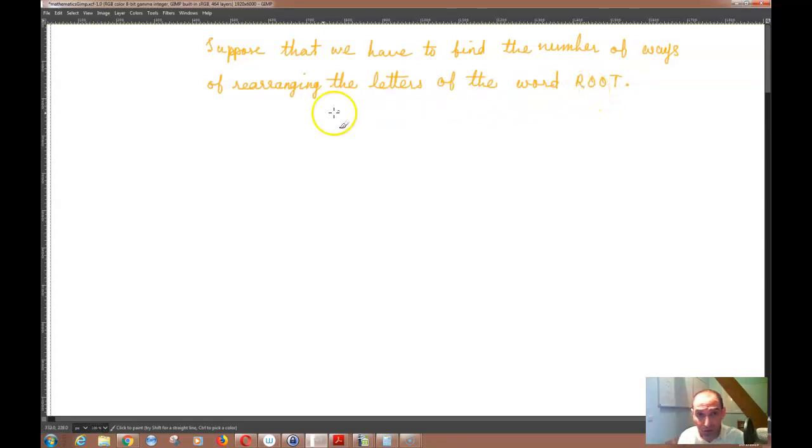Now, temporarily, let us treat the two O's as different letters.